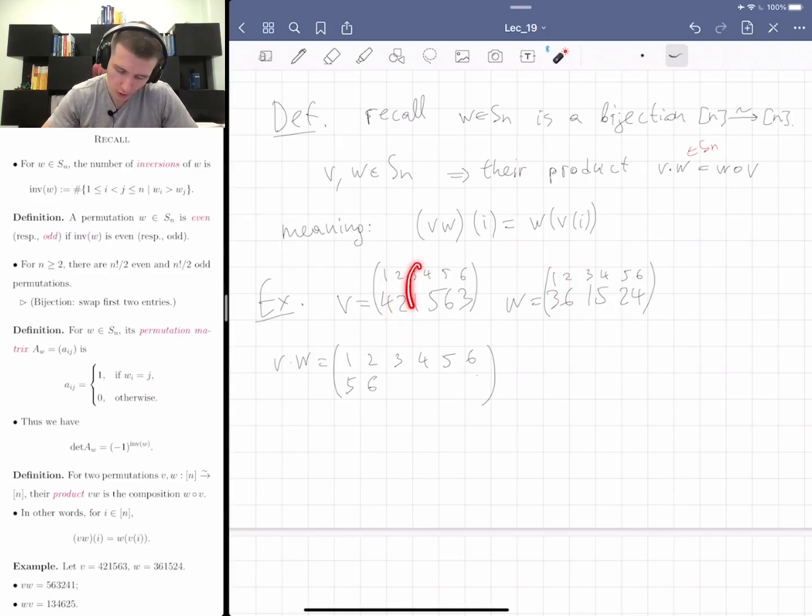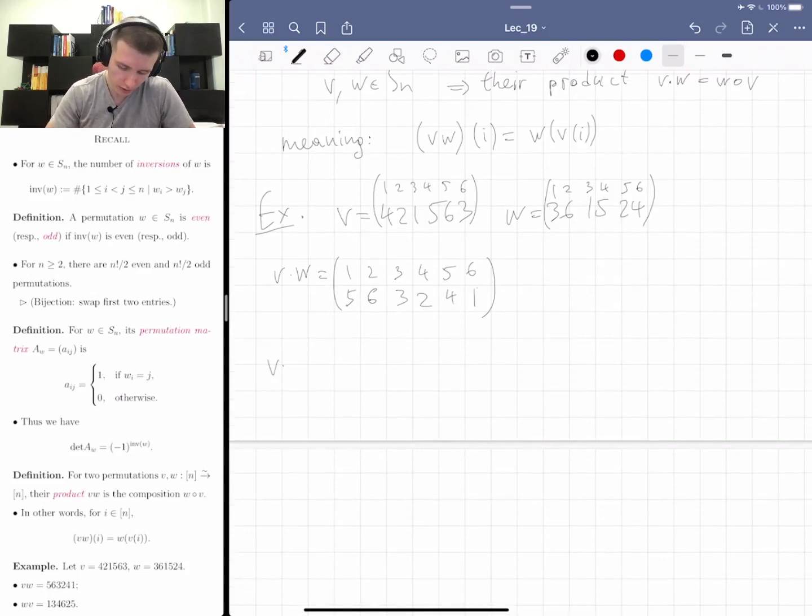And then 3 goes to 1, and 1 goes to 3. So 3 goes to 3. 4 goes to 5, 5 goes to 2, and therefore 4 goes to 2, and so on. 5 goes to 6, 6 goes to 4, so 5 goes to 4. 6 goes to 3, 3 goes to 1, so 6 goes to 1.